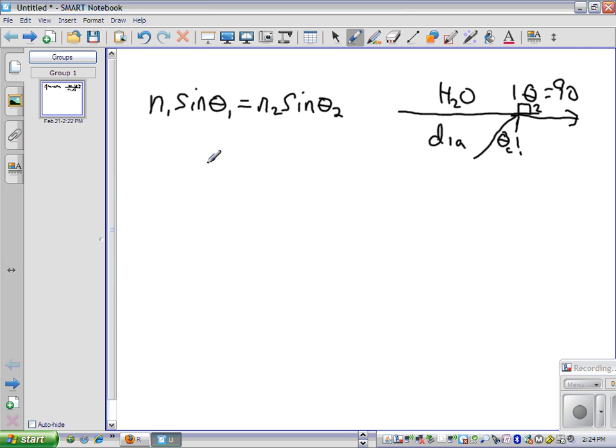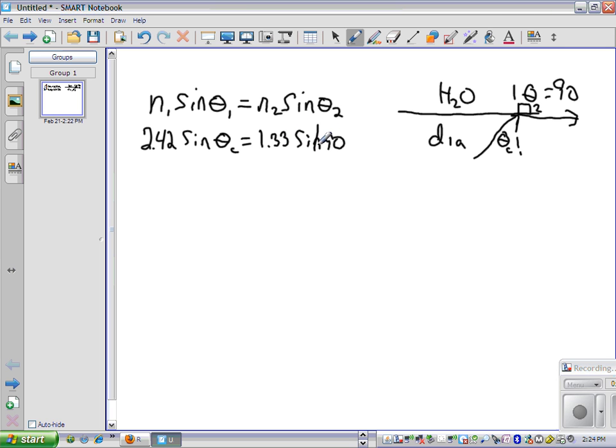So when you come over here, your n1 is diamond, so that's 2.42. Sine of theta 1, we're just going to call that the critical angle, equals n2. In this case, it's water, so that's 1.33. In the other case, if it was air, it would have been 1.0. And we put in here the sine of 90 degrees.